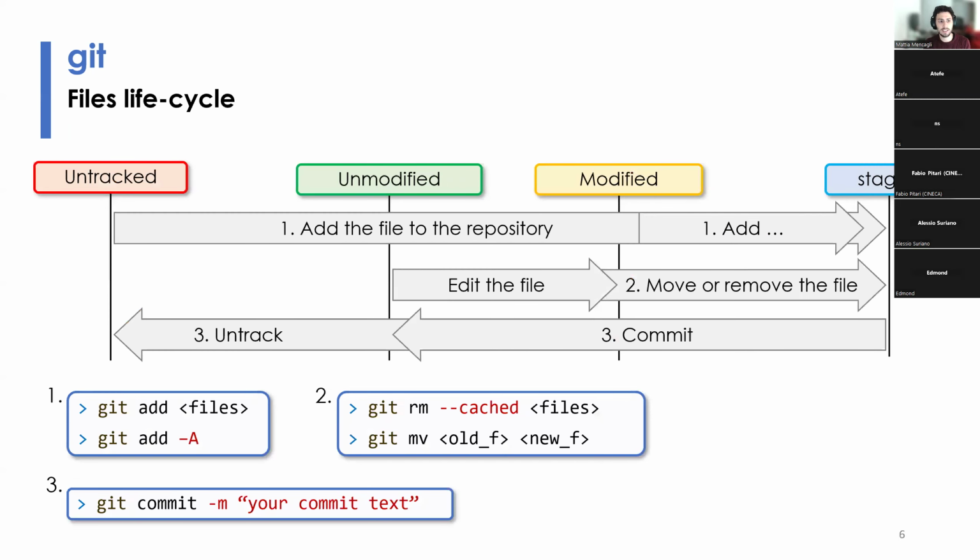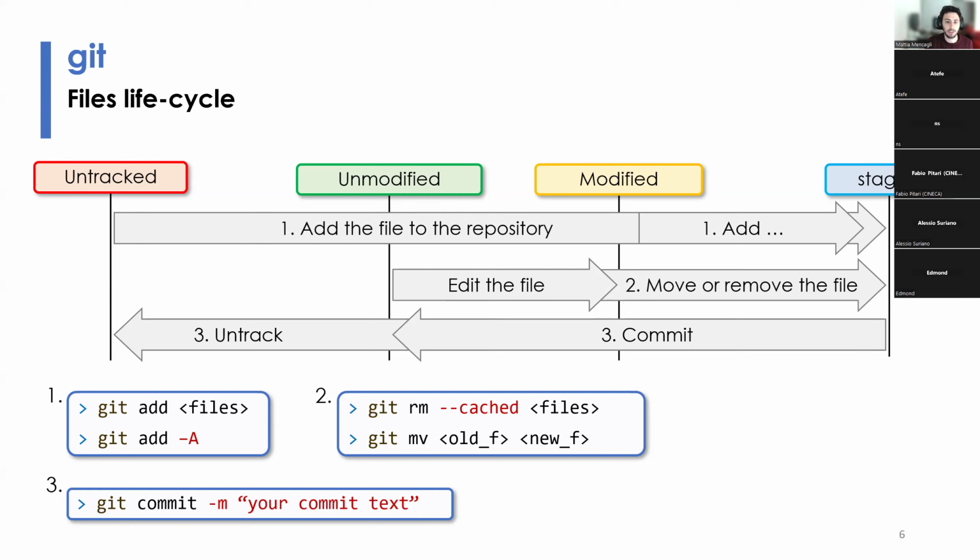Let's see more details, a file's life cycle. The files in your Git repository, locally, of course, can be unmodified or untracked. Unmodified files are just files that were already added to your repository and are saved in the last snapshot. Untracked files are new files. You can also have modified files, as we already saw.